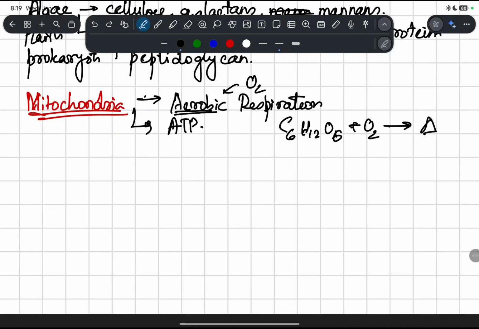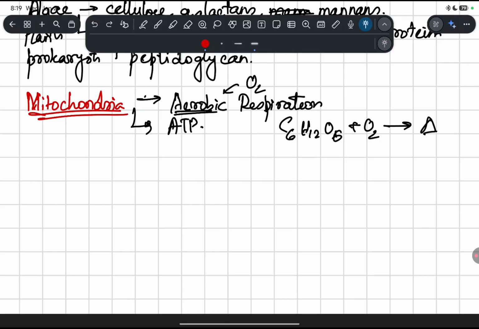So what is aerobic respiration? We saw that when respiration is happening in the presence of oxygen, and energy is produced, then it is called aerobic respiration. But when respiration is without the presence of oxygen, then it is anaerobic respiration.